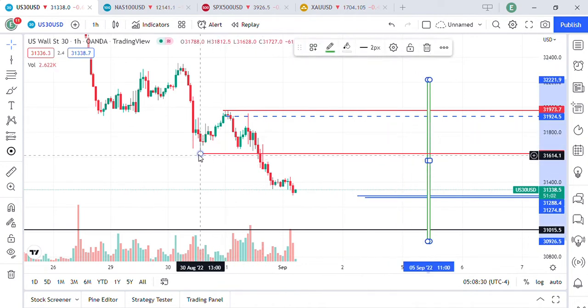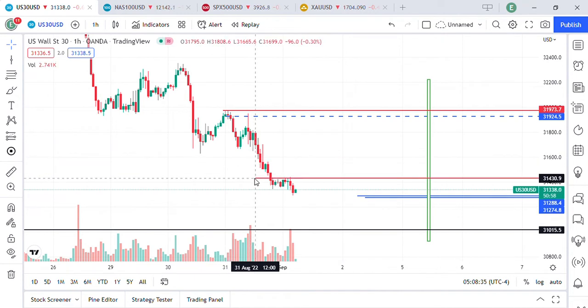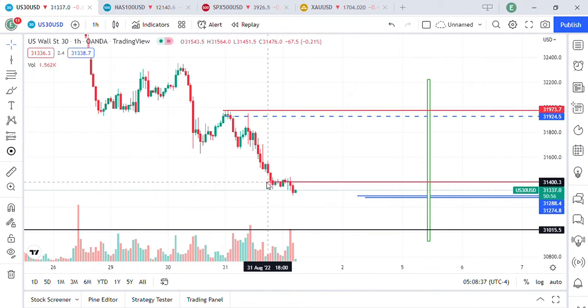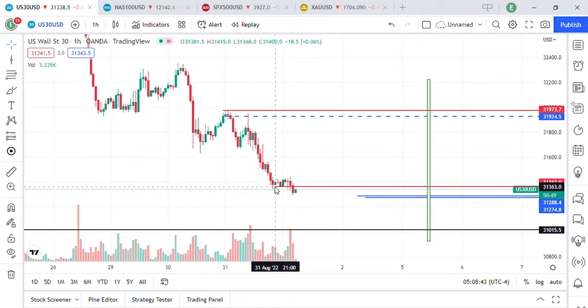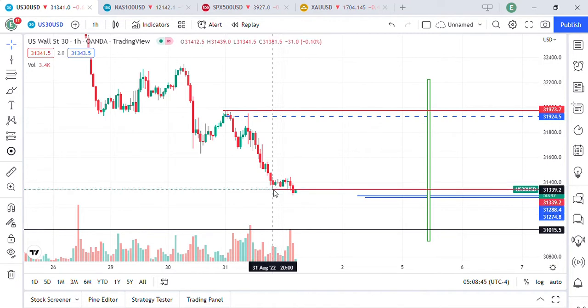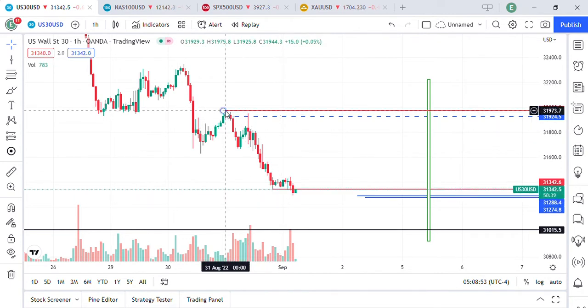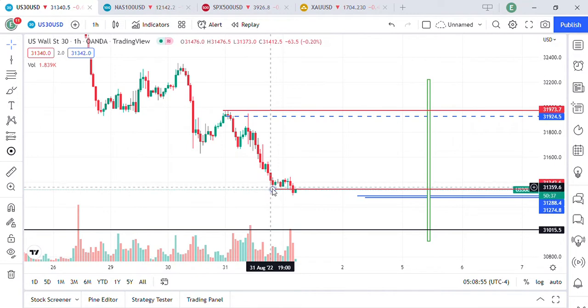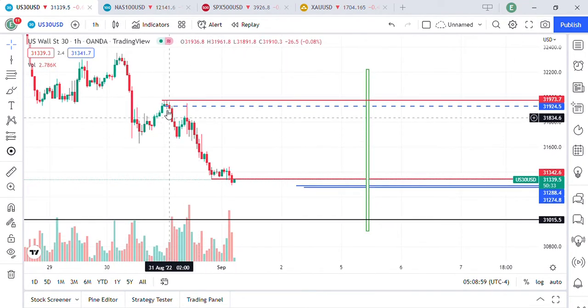Let's look for yesterday's low. This is the 1st of September, still the 1st of September. Yep, so this is yesterday's low, right here. This red horizontal line is yesterday's high, and then yesterday's low is on this other red horizontal line.